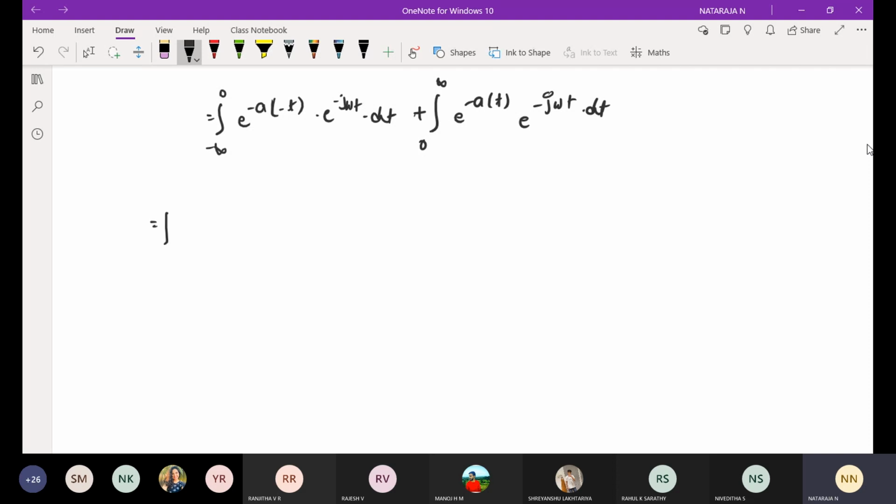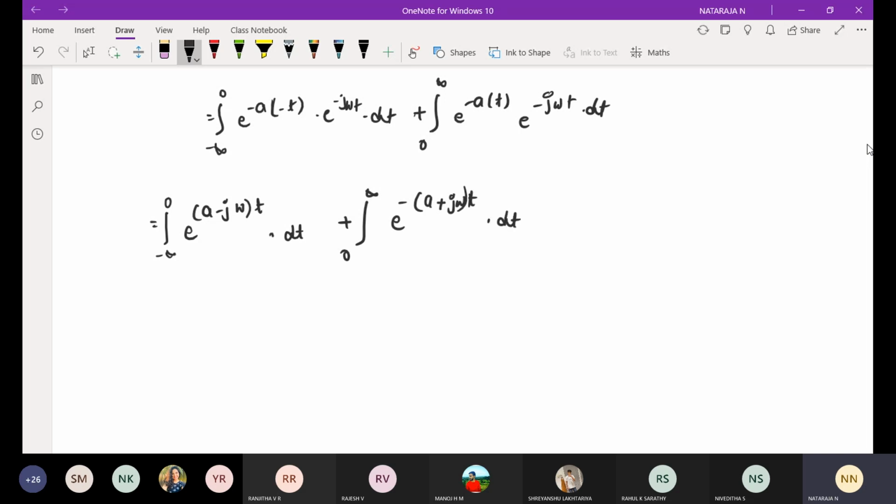That is, the integral from minus infinity to 0 of e power (a minus j omega) t dt, plus the integral from 0 to infinity of e power minus (a plus j omega) t dt.